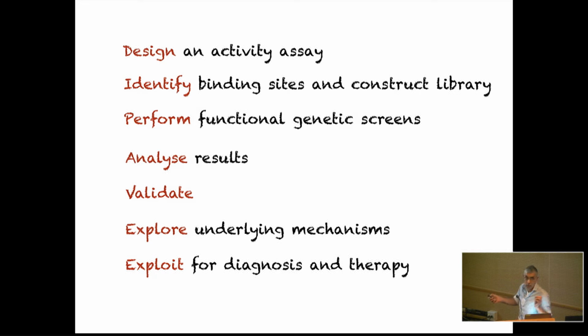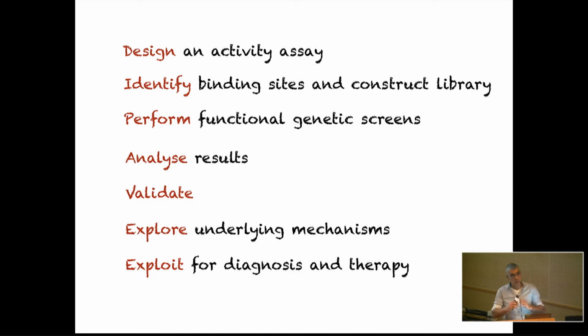We then take a look at these ChIP sequencing data sets of the transcription factor, identify the binding sites and the motifs, and then construct a CRISPR library that targets these motifs only. And typically, we will have like 2 or more CRISPRs, up to 3, 4, 5 CRISPRs that can target this motif.